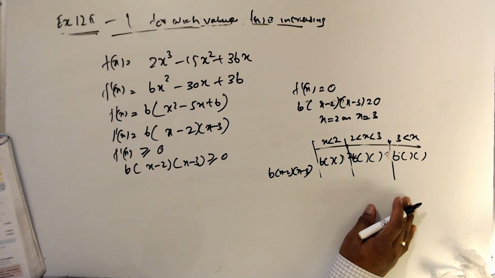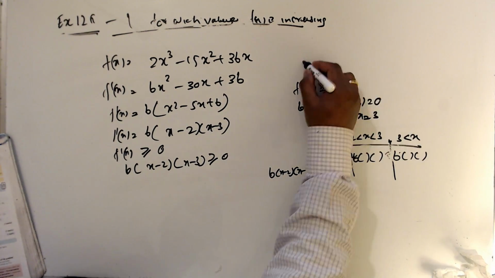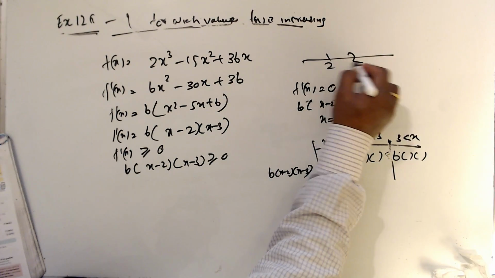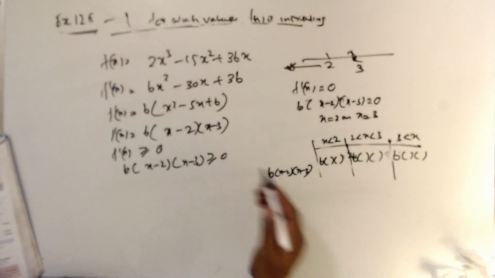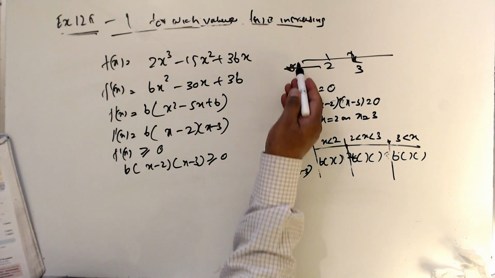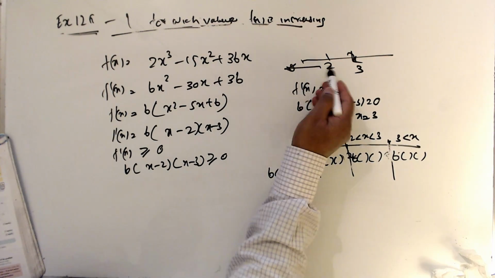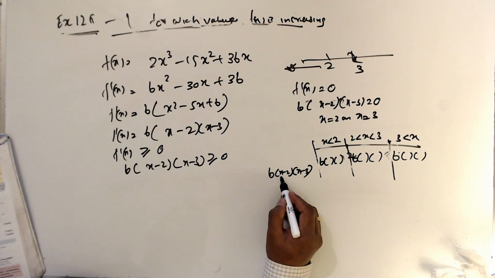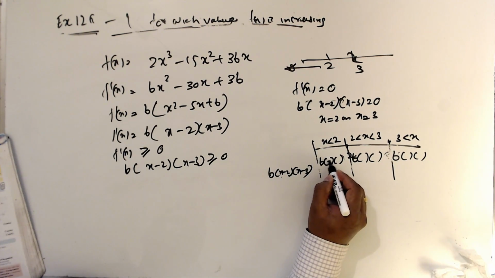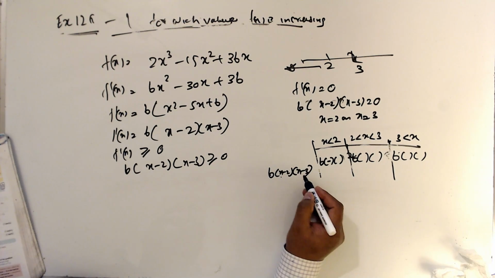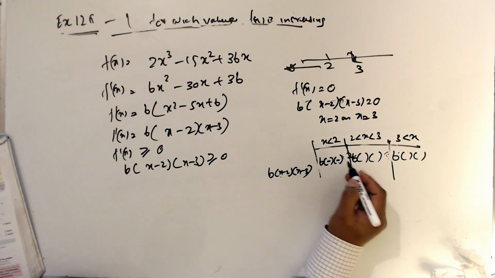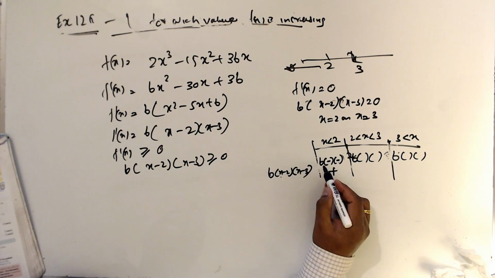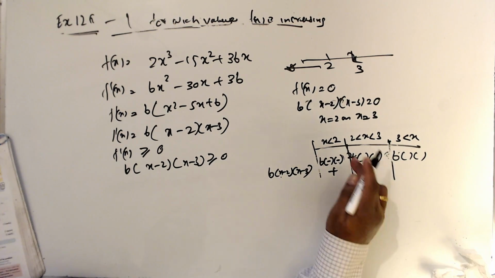Now how do we check? We have the number line with 2 and 3, and take any number less than 2, let's say 0. If I put 0 here, 0 minus 2 is negative, 0 minus 3 is also negative. So negative times negative is positive, multiplied by 6 is still positive.